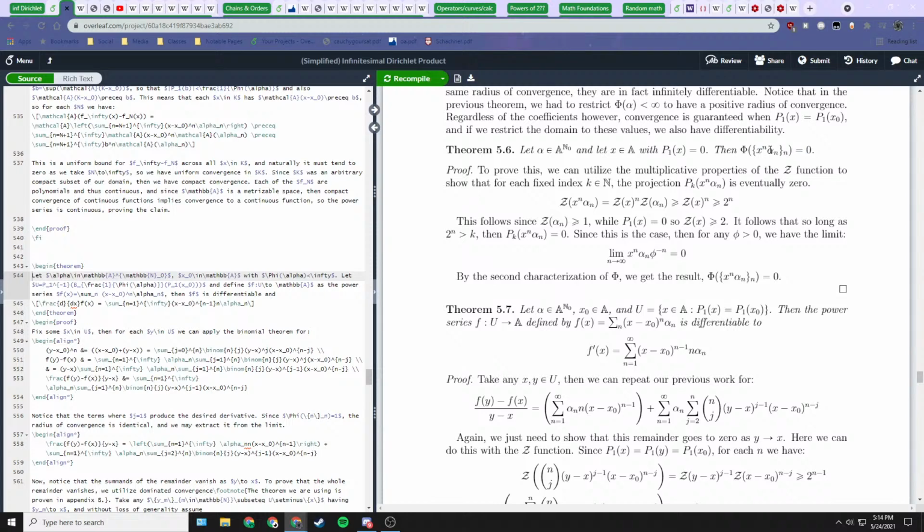So normally, if alpha had an infinite phi value, this calculation would not be definable using our submultiplicativity property. But in this specific instance, it just happens to be 0.